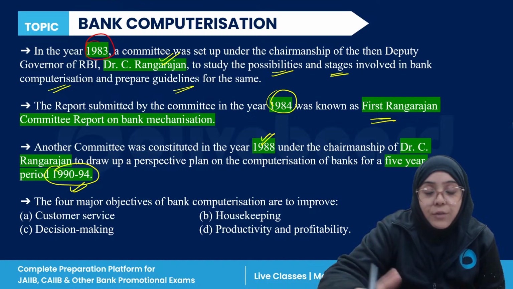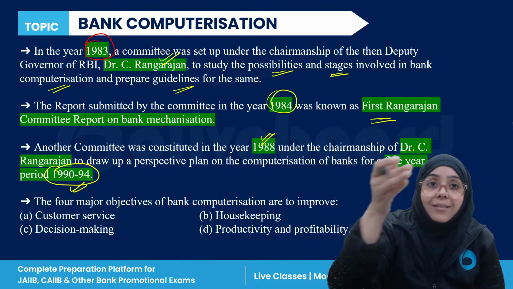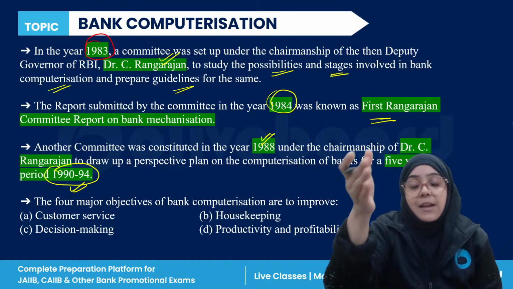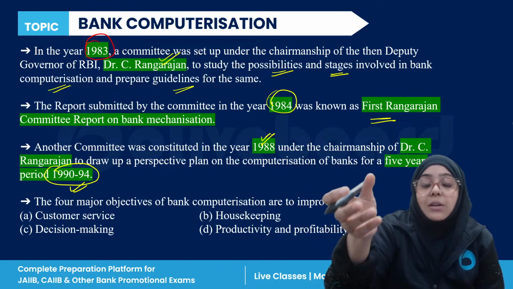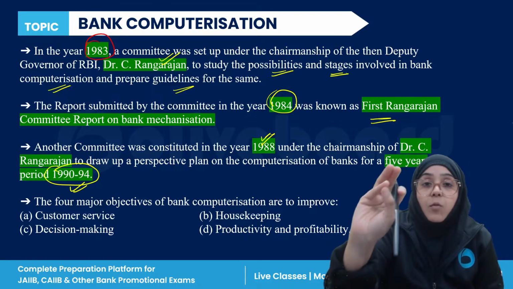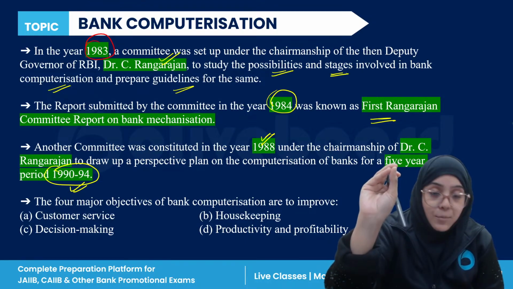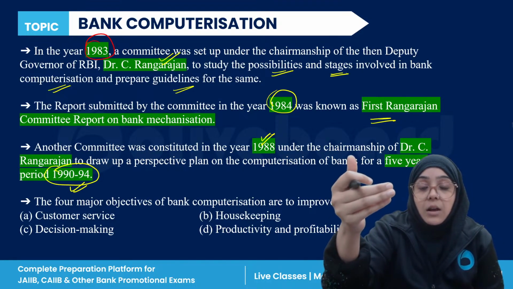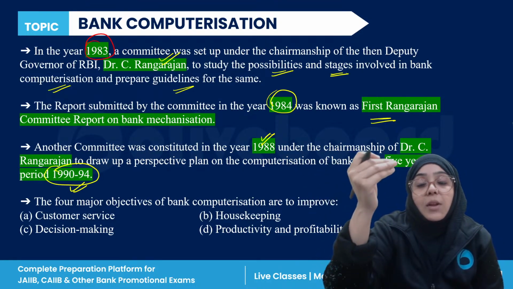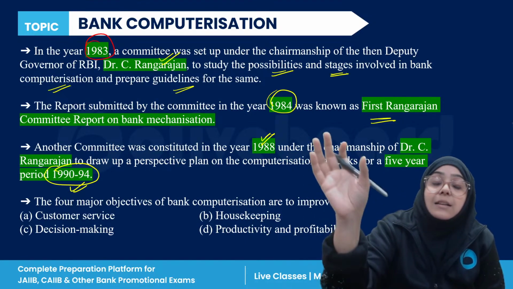Clear? So if we're talking about banking computerization, which committee is responsible for introducing it? It was the Dr. C. Rangarajan Committee. It was in 1983 that the banking computerization phase started, and the committee recommended the stages for involving computerization in the banking system.